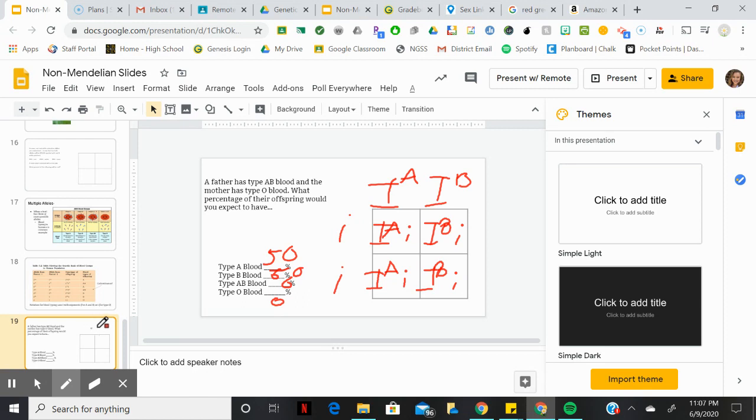And then always remember to look for these other questions, right? The question doesn't stop at make the Punnett square. It then asks you a little bit further, what are the percentages of all the different blood types? Okay? So you want to make sure you do a Punnett square for each question and then answer all of the little embedded questions within the larger question, if that makes sense.